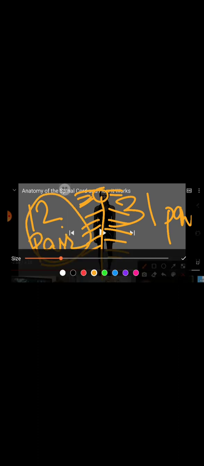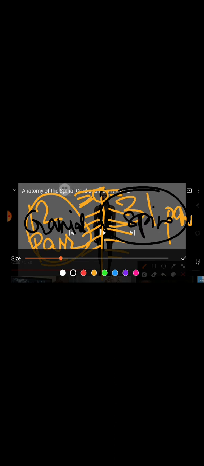If this is the spinal cord, you have 31 pairs of nerves arising from it, and 12 pairs arise from the brain. How many pairs? 12 pairs. You call them cranial nerves, and the 31 pairs arising from the spinal cord you call spinal nerves.